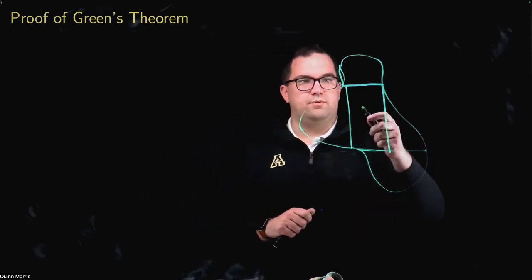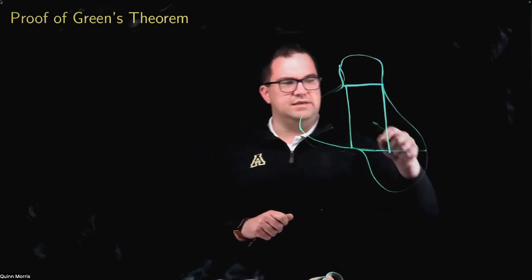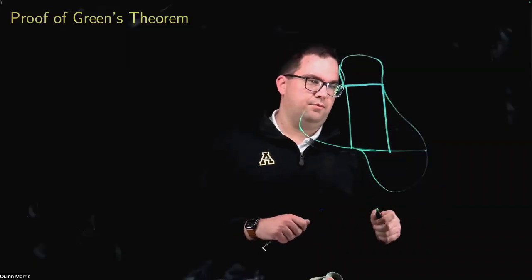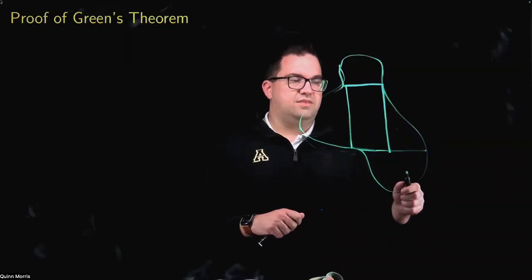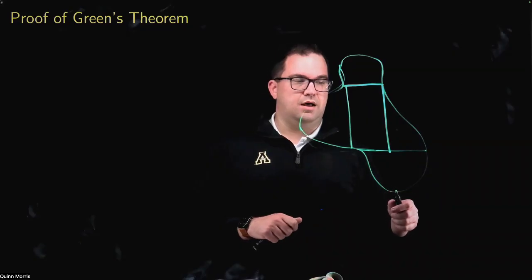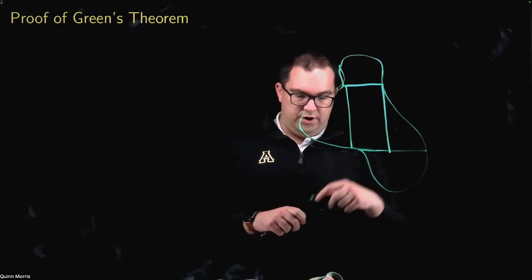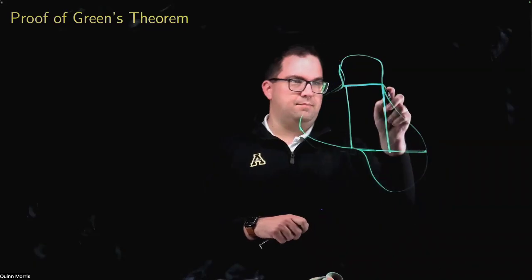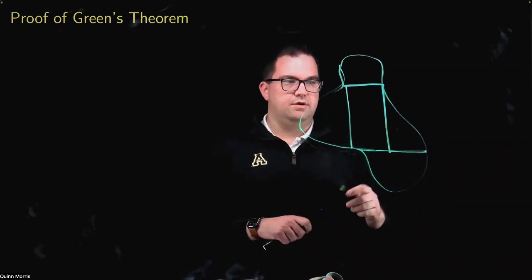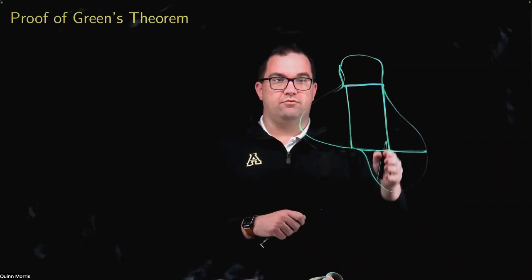Or almost everywhere. So now you can see, if I look at this region, for example, I could think of this as a type 1 region where my lower piece is here and my upper piece is actually just this point here. And then it's bounded on the left and the right by functions.